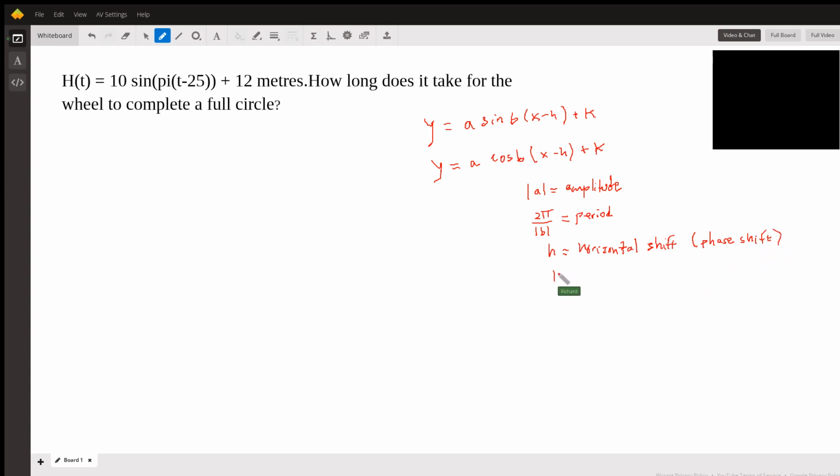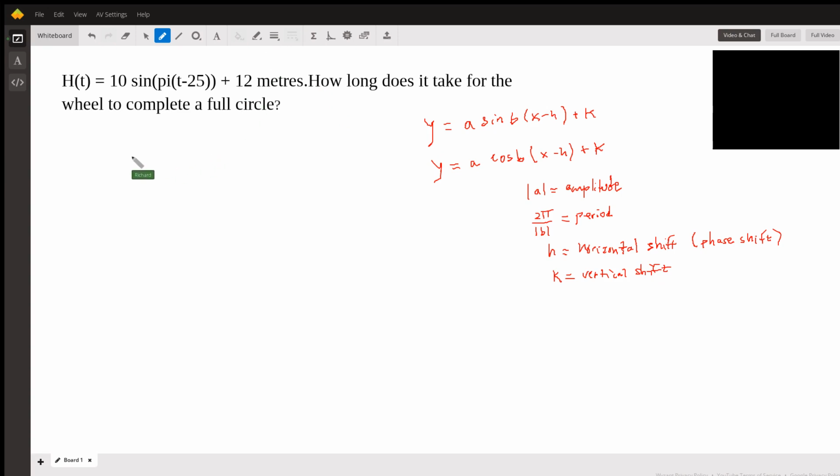And k is the vertical shift. Okay, so that's it for the equations that you need to know. And now we'll just go and solve this.